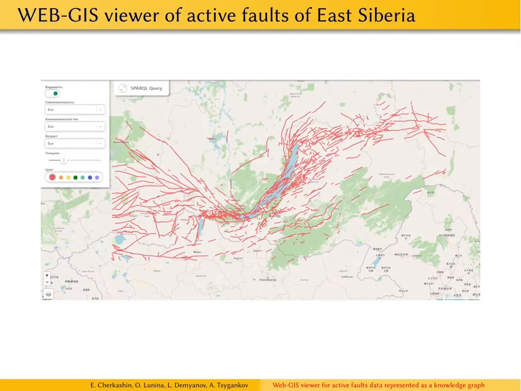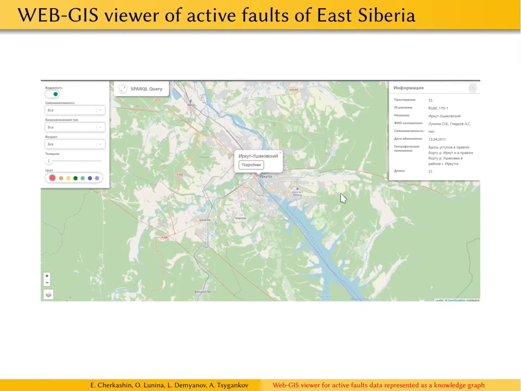Here we present the results of viewing fault data. The screen consists of a map and a control panel where the user can choose various filtering conditions, width of lines, and their color. In order to show information about a specific fault, the user chooses the fault by means of the mouse.